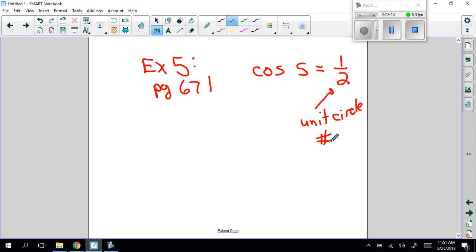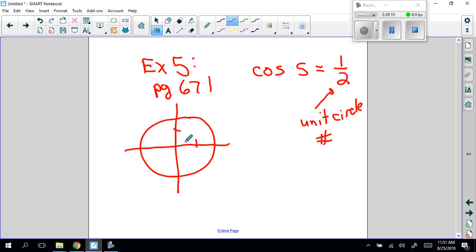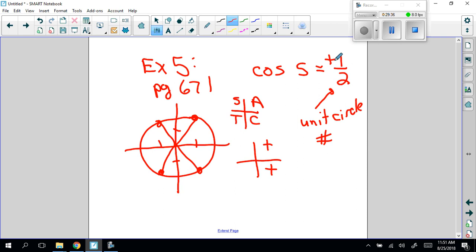Cosine is the X. And all students take calculus, and cosine is plus in this quadrant, and this is plus, so it's got to be this angle and this angle. Therefore, S is 60 degrees, or S equals 300 degrees.